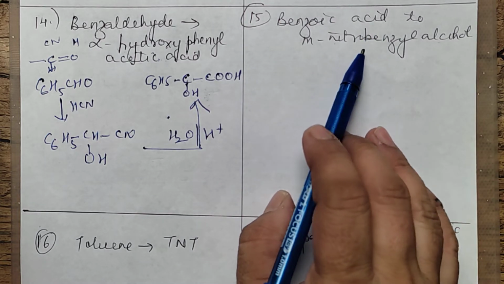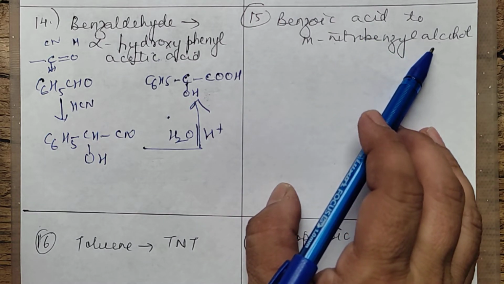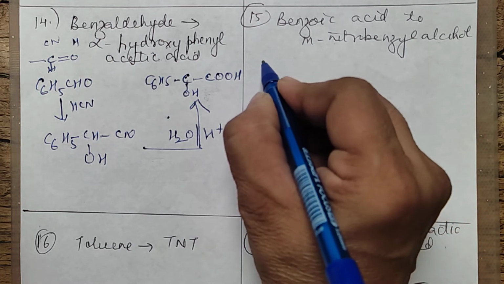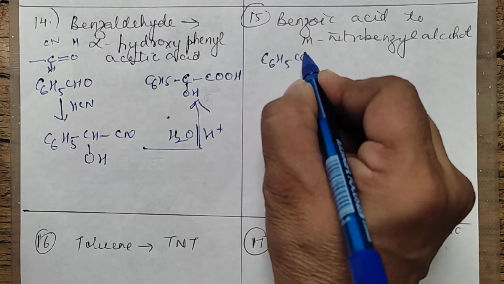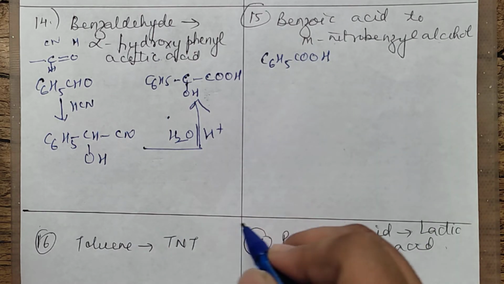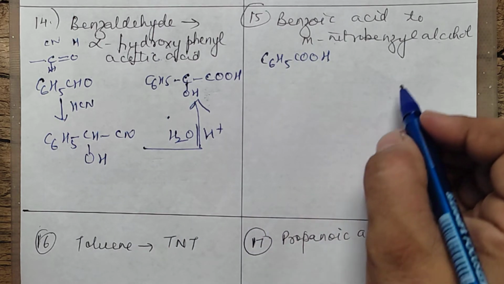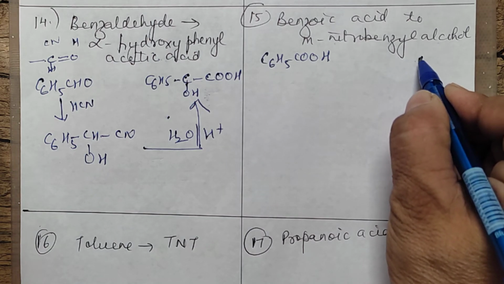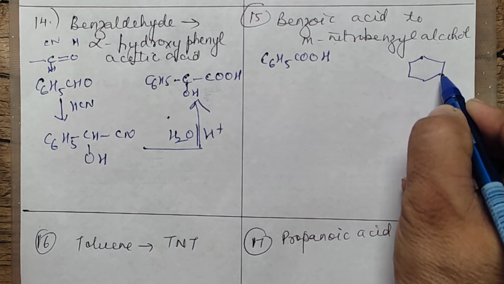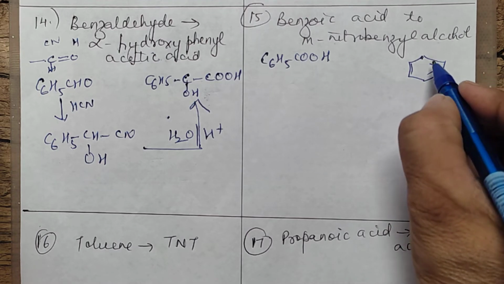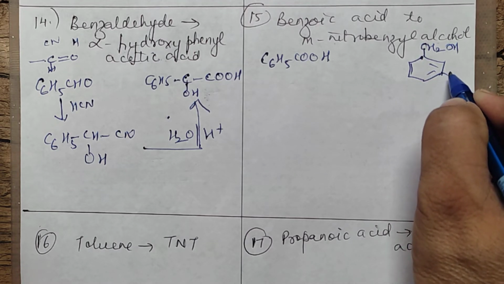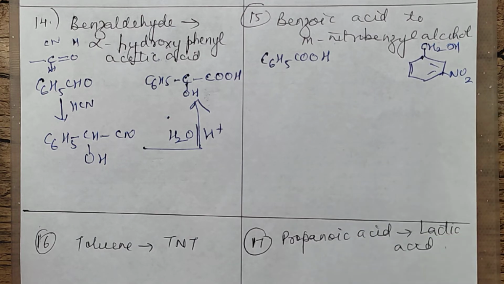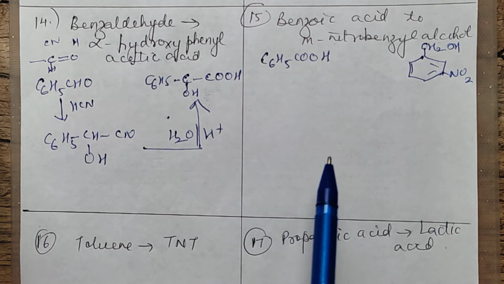Benzoic acid to meta-nitrobenzyl alcohol. Benzoic acid, that is C6H5COOH. What are we converting this into? First let us draw meta-nitro benzyl alcohol, C6H5CH2OH, with a nitro group at the meta position. There are a lot of things done in it.